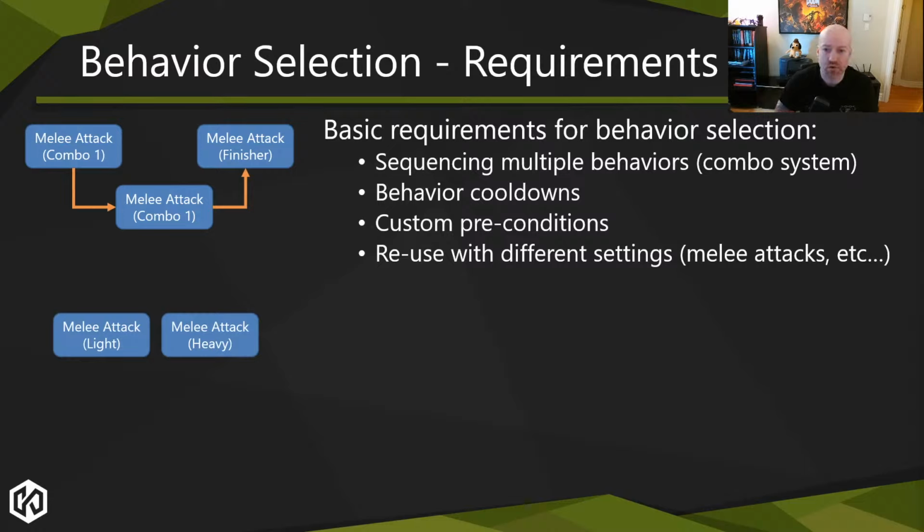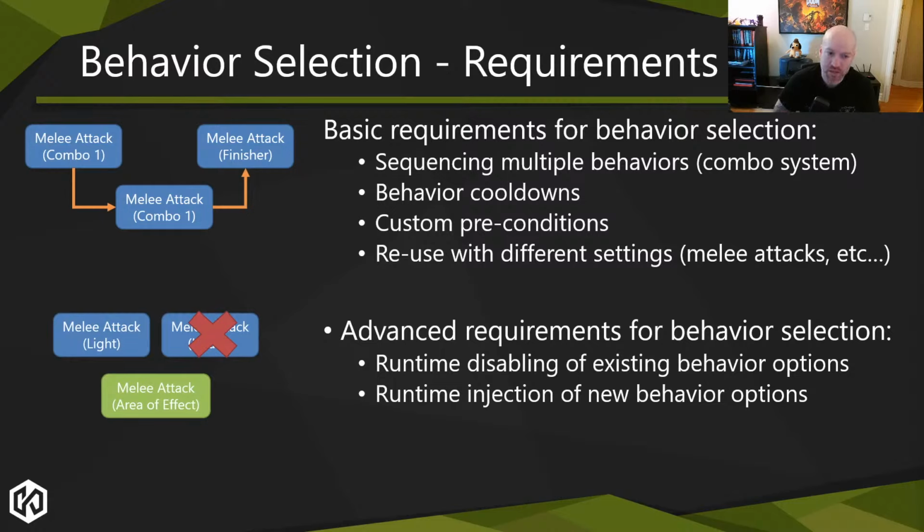Then when it comes to more advanced requirements, there are 2 things that are extremely useful that very few systems can actually do. The one is to be able to disable existing behavior options for an archetype. So I spawn an AI, it might have a heavy attack, but in a very specific situation, imagine level 5, encounter 3, they're mind controlled and now they don't have a heavy attack, and instead they do a new special case area of effect attack.